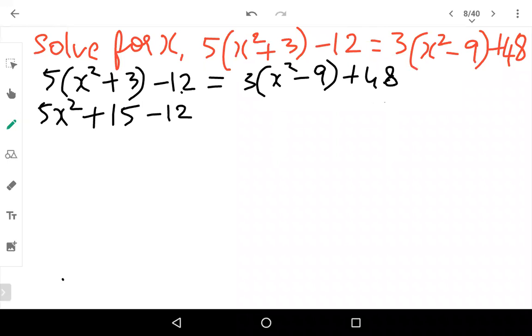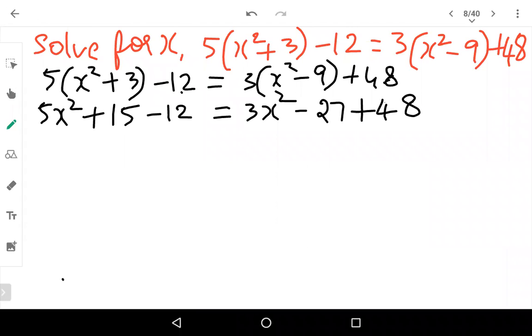Anusha, x is equal to 3 is correct, but x should be equal to plus or minus 3. Okay, the answer, the number is correct. The form in which you write it is plus or minus 3. Good. Is equal to, on the other side, 3 into x square minus 9. So 3 into x square is 3x square. 3 into 9, 9 3s are 27, plus 48 will remain as it is.